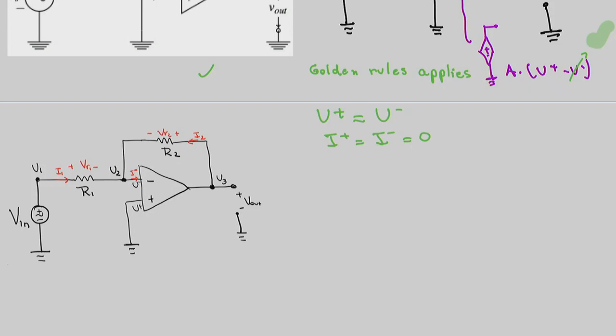Why, my friend? What tells you that U plus and U minus are equal? What tells you that U plus is 0? It's negative feedback, and U plus is connected to ground, which is our reference node, which is 0. Very good.